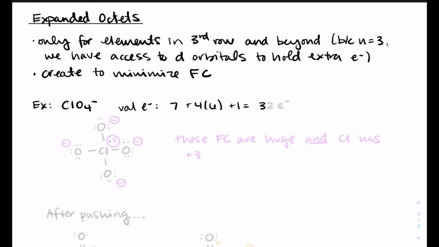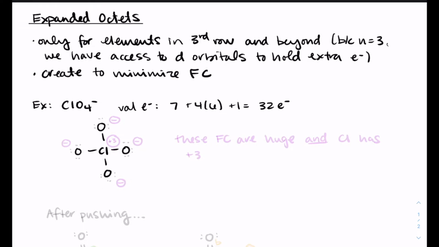So we're going to do perchlorate as an example so that you can see what it's like with and without expanding the octet. So valence electrons, chlorine has 7, each oxygen has 6, and it's negatively charged. So I have 32 electrons to put into this molecule.